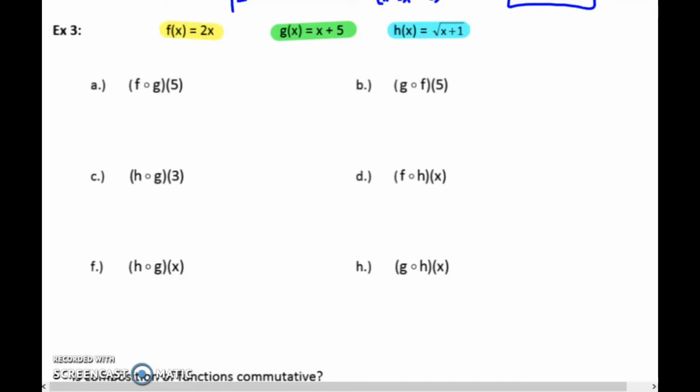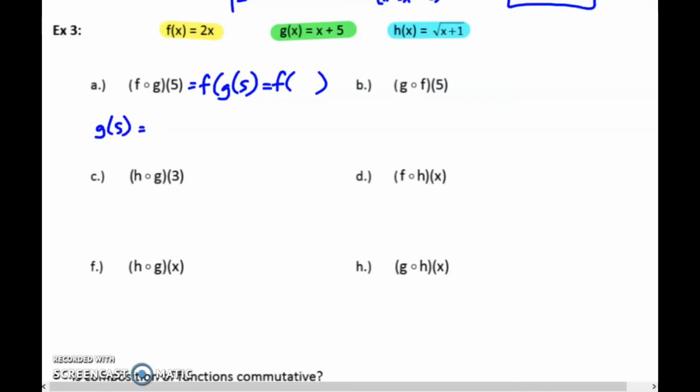So work I expect to see here. f of g of 5. Remember, that's composition, that's not multiplication. Multiplication would be a closed circle filled in. So this is going to be f of g of 5, which means it's going to be f of some number. So the first thing you need to do is evaluate g of 5.